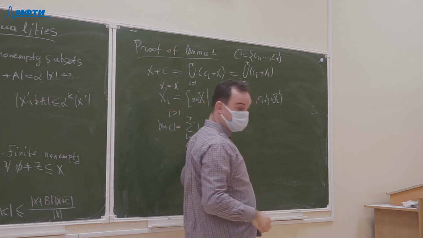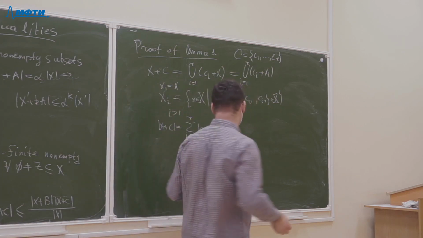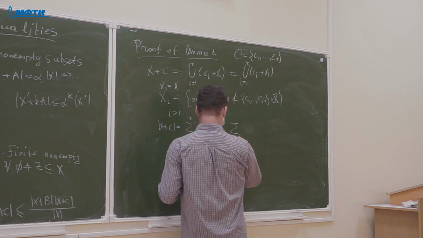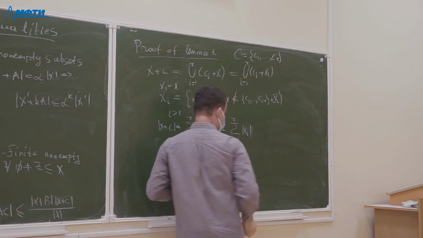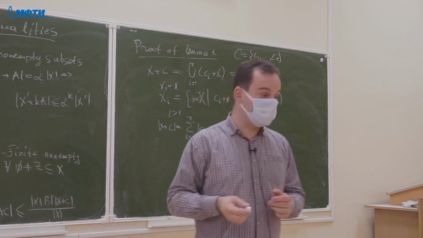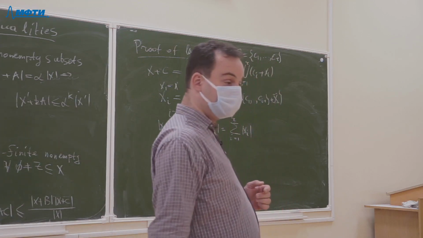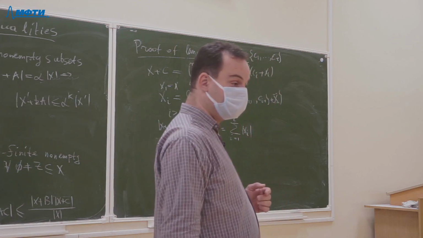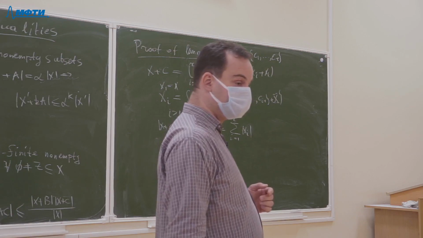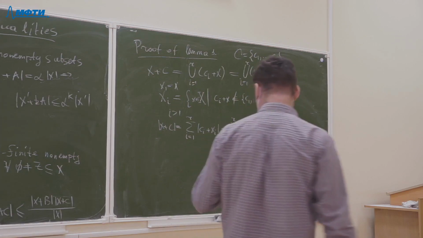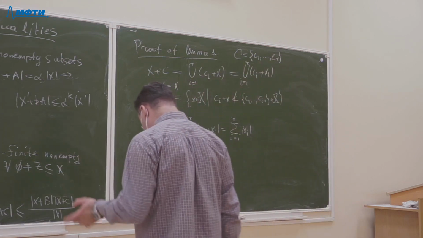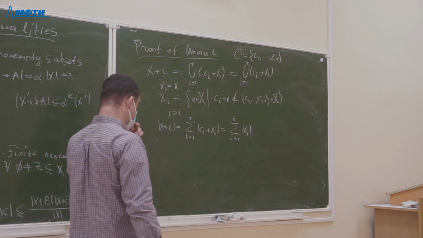But this is a shift by one element, so this is the sum for i from 1 till r of |X_i|. Moreover, look.